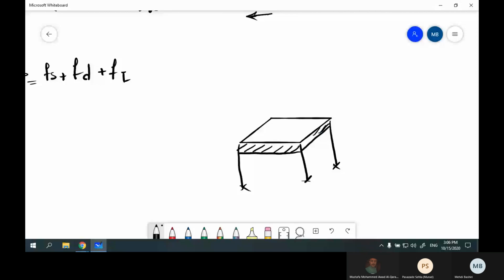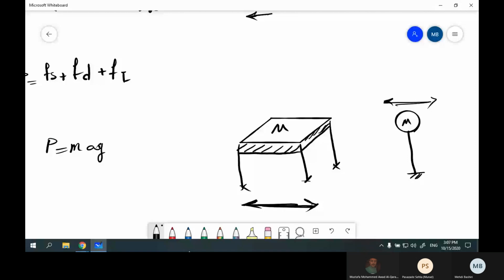And this is the weight, and we show it with a lumped mass. So, because of the earthquake, this mass shakes. And the reason for this shaking is a force equal to m times ground acceleration, the weight dot ground acceleration.